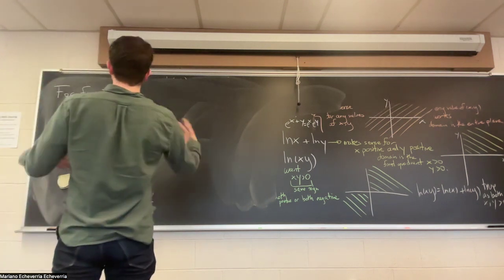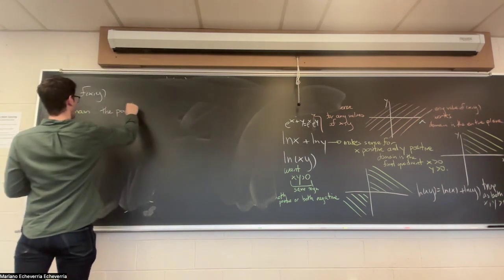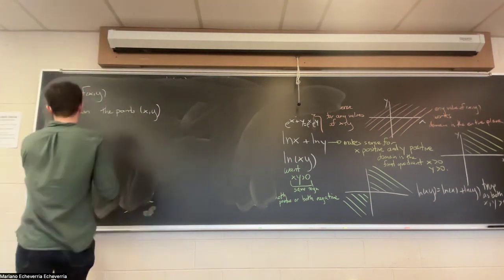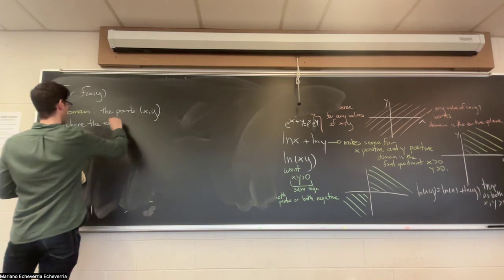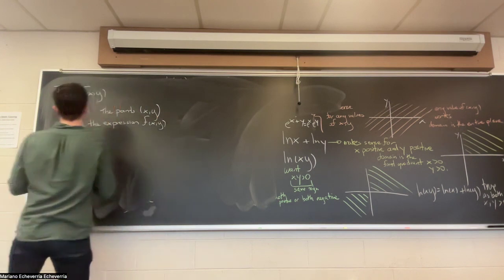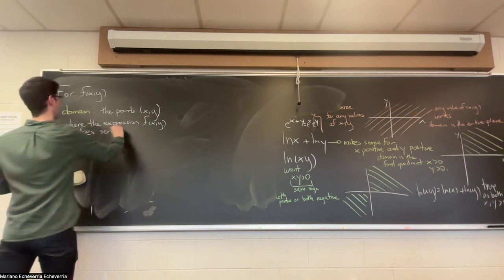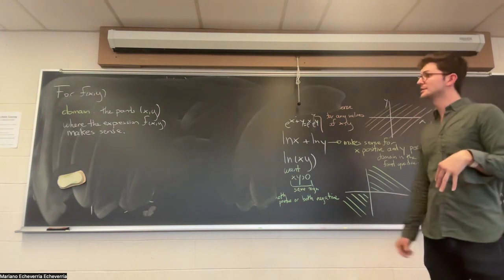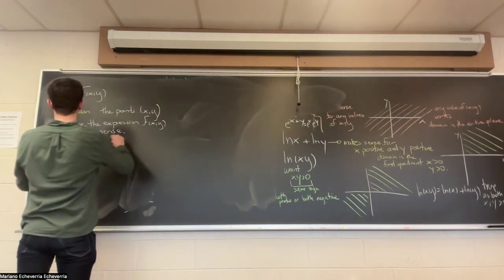The domain are the values of X and Y, the points X comma Y, where the expression makes sense. So that refers to a region of the XY plane. So this is going to be for us a region of the XY plane.